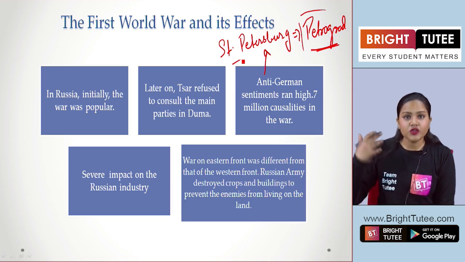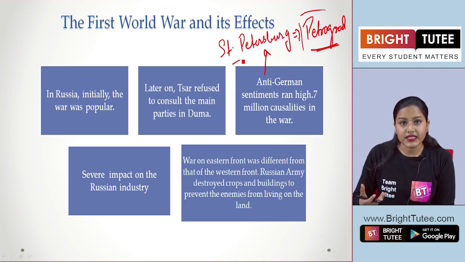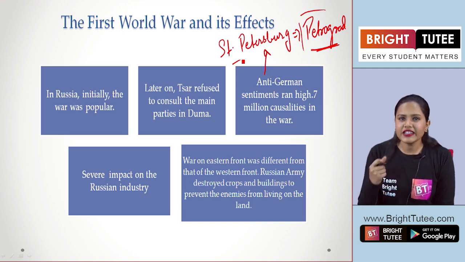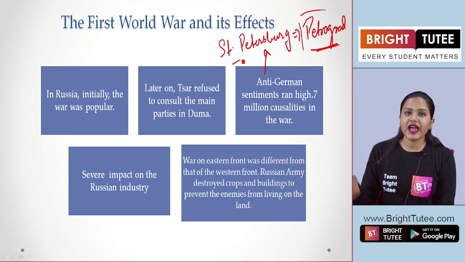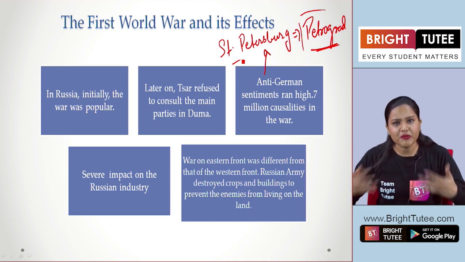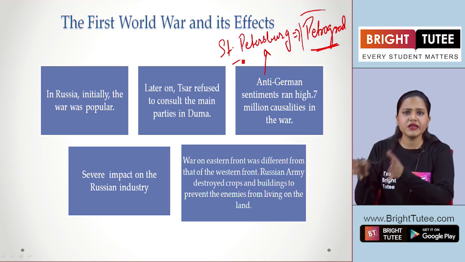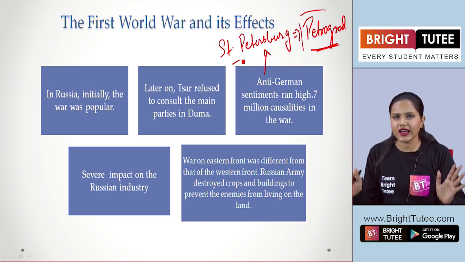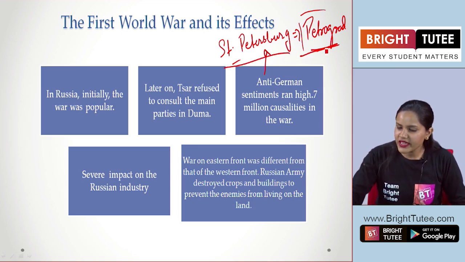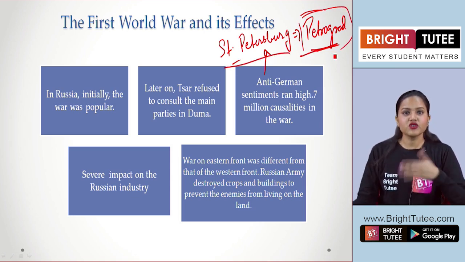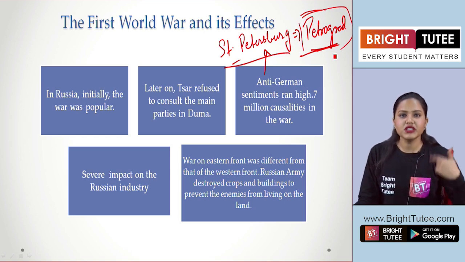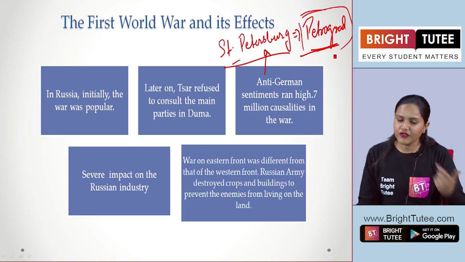So during the First World War, people had anti-German sentiments, and therefore anything that represented the German name or German sentiments, people changed those things. This is how they showed their anti-German feelings.